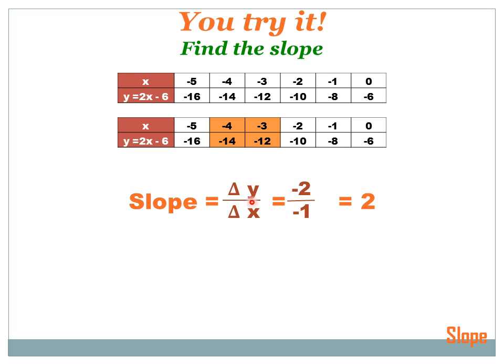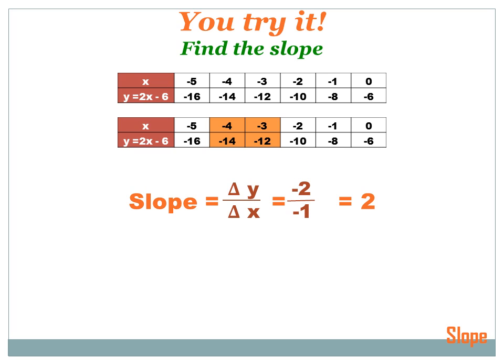So what is our change in y? Well, let's start here at -14 and find out how much that changes to get to -12. -14 minus -12, if I subtract a negative number, it's like adding a number, so -14 plus 12 is -2.